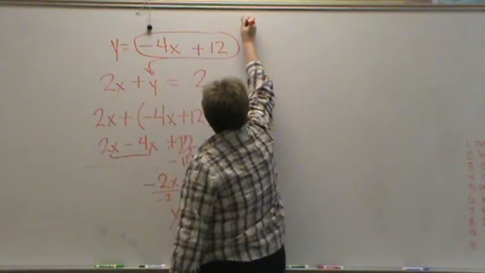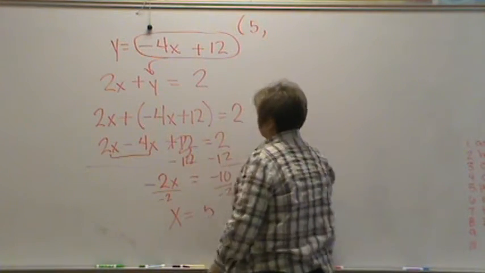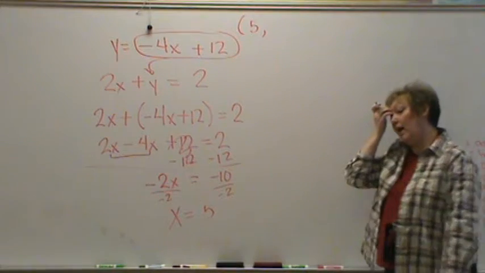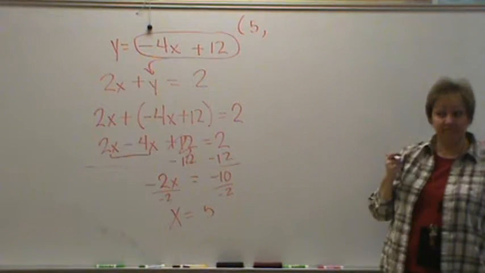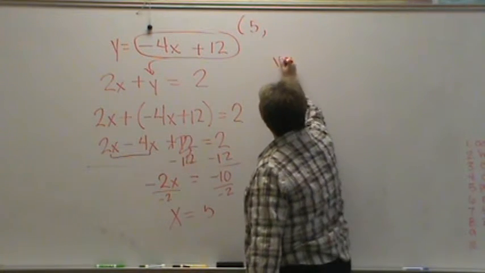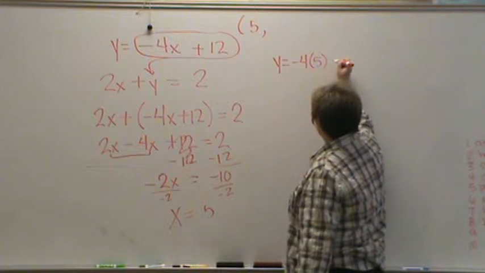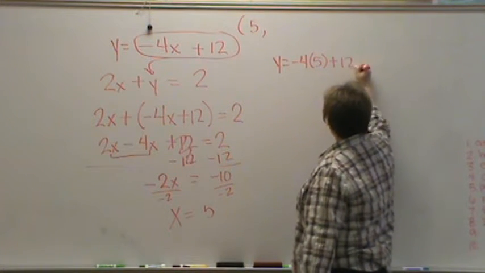Okay, so we know we have half our answer. We know that x equals 5. How do I figure out what y equals? y equals negative 4 times 5, plus 12. Yeah, I like that.